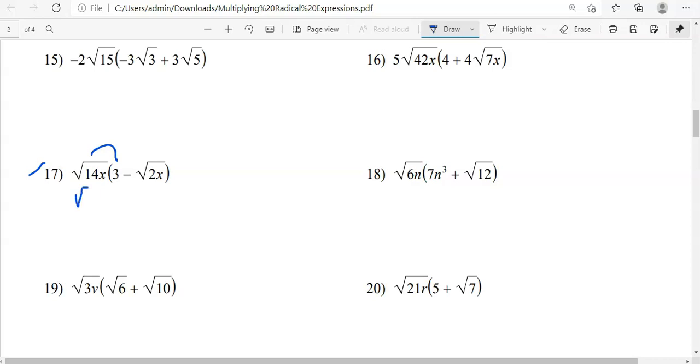So square root of 14x times 3 minus, ayan, multiply natin, square root of 14x times square root of 2x. Then sa unang term, so the answer is 3 square root of 14x.